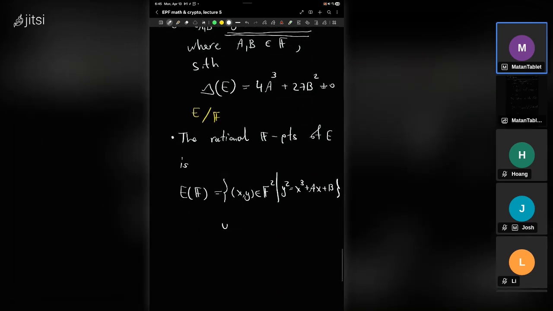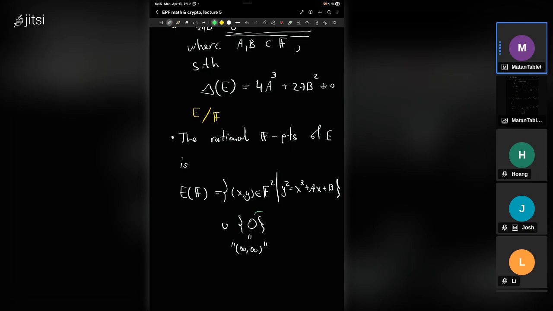But I need to add one more thing. So I add a point which I call O, and you can think of it intuitively as infinity comma infinity. It's like if you substitute infinity for x, then you get another solution where y is equal to infinity. So infinity comma infinity is also kind of a solution to this equation.